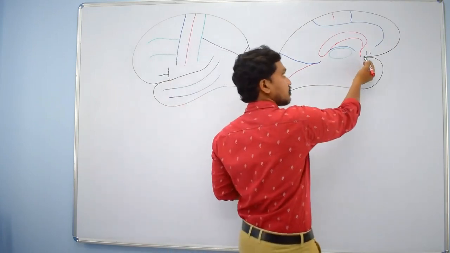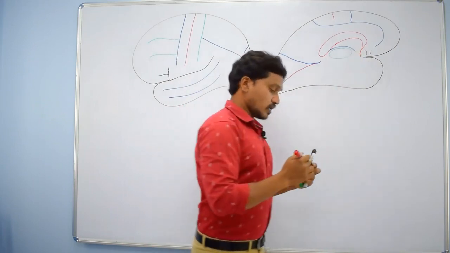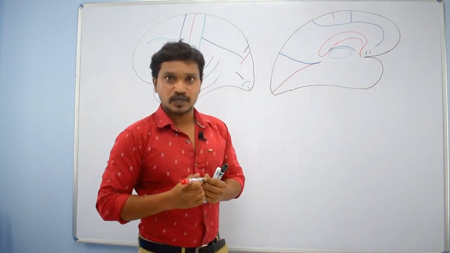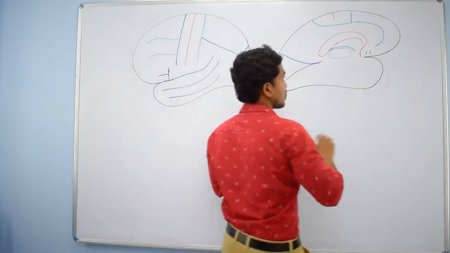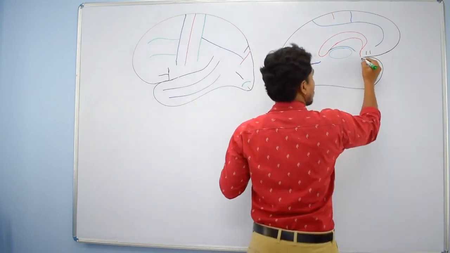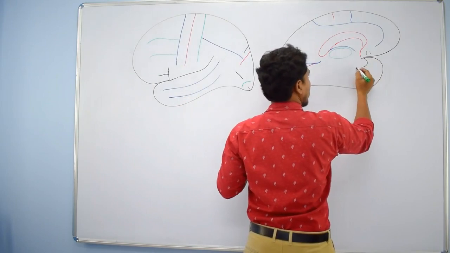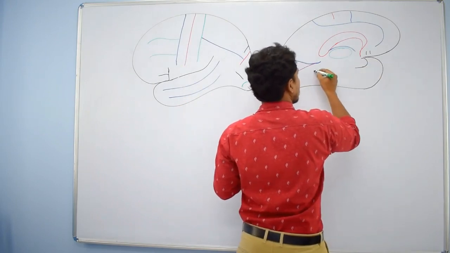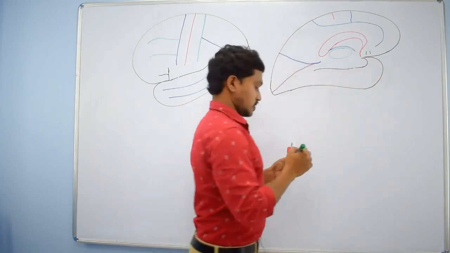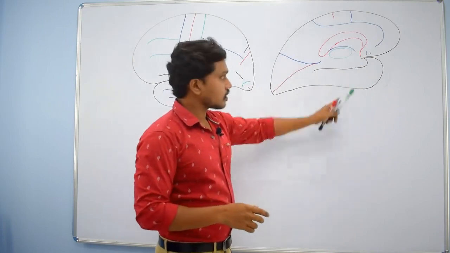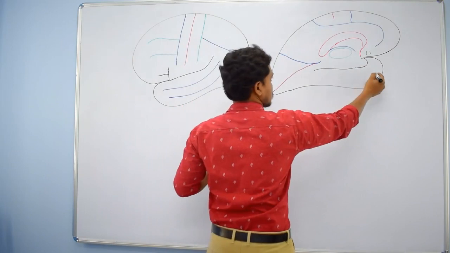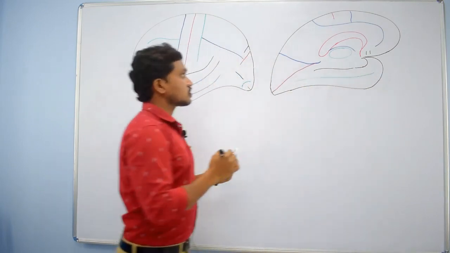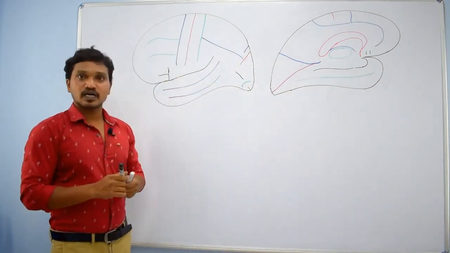In front of the lamina terminalis, the paraterminal gyrus will be present, right? And if you observe the inferior surface, here you can see the uncus, and this is the rhinal sulcus, this is the collateral sulcus. Then temporo-occipital sulcus, right? So these are the different sulci and gyri.